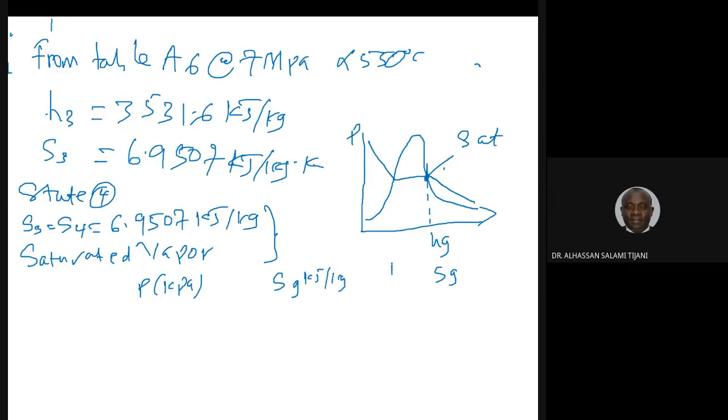I'll explain. So this is enthalpy, kilojoules per kilogram. All right. So now I'm taking this pressure, 300 to 500. So let's say P4 is what I'm looking for.